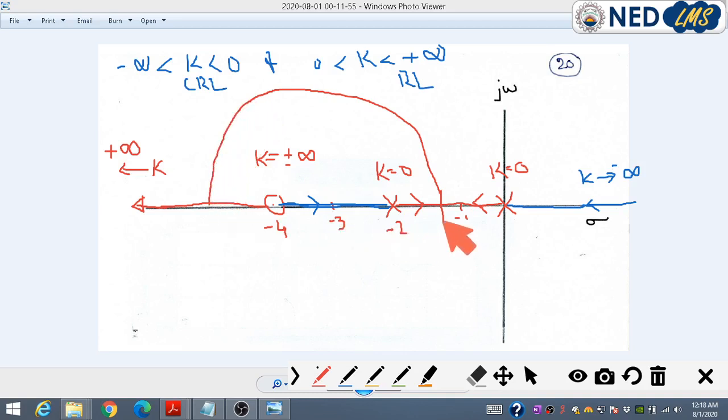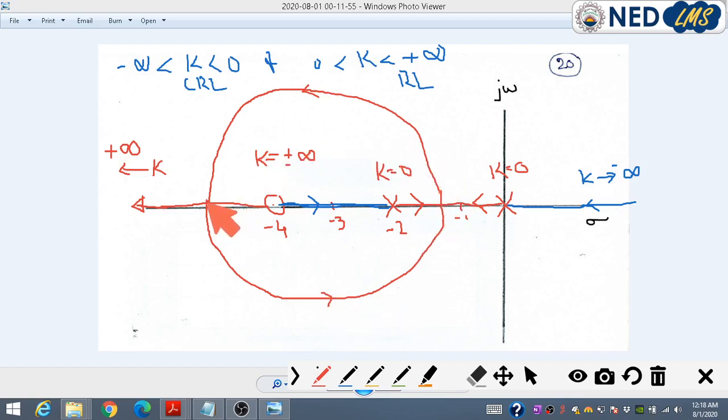Similarly for the second branch, the second root would be in complex conjugate form, therefore forming symmetry about the real axis. As we have said earlier, the entire root locus is symmetric with respect to the real axis. These branches once again should meet on the real axis, therefore we have to find out the break-in point. We have to find out one breakaway point and one break-in point.